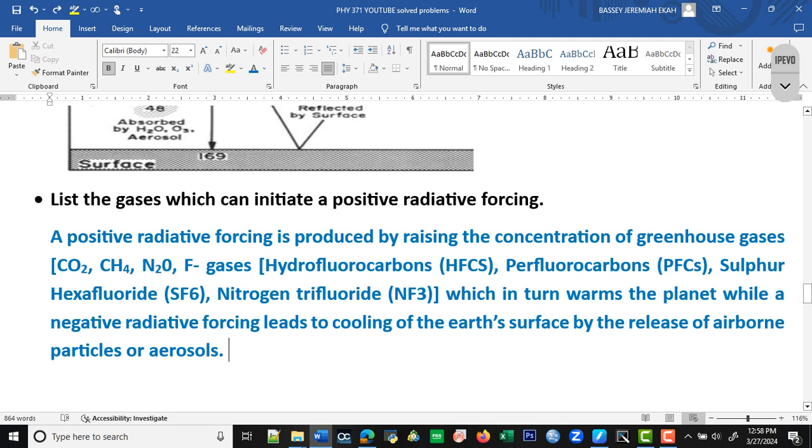When we talk about the F gases, we are considering the hydrofluorocarbons, the perfluorocarbons, sulfur hexafluoride, SF6, and nitrogen trifluoride, NF3, which in turn warm the planet, while the negative radiative forcing leads to cooling of the Earth's surface by the release of airborne particles or aerosol.